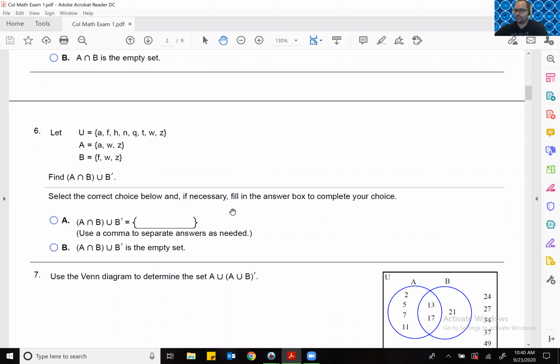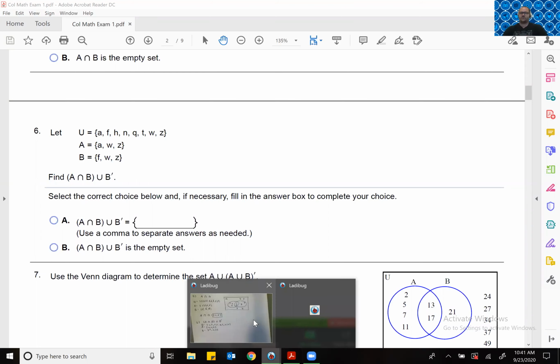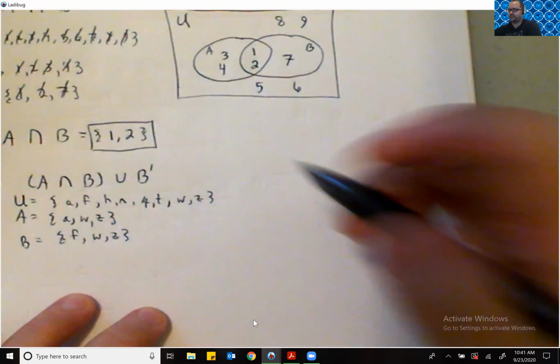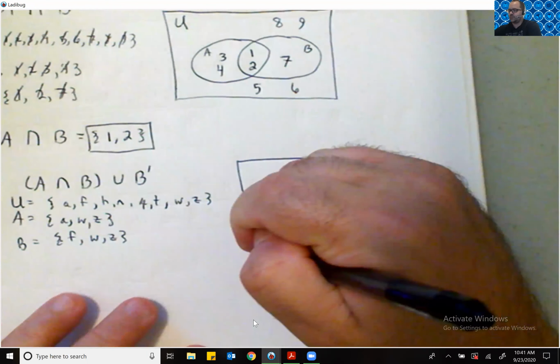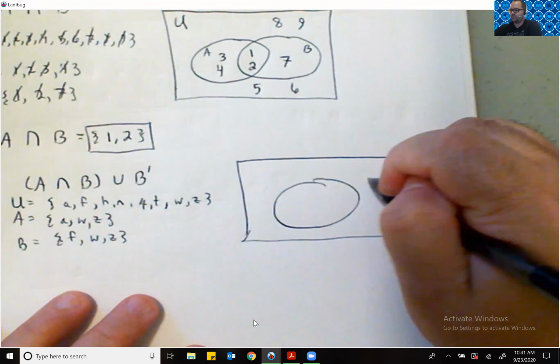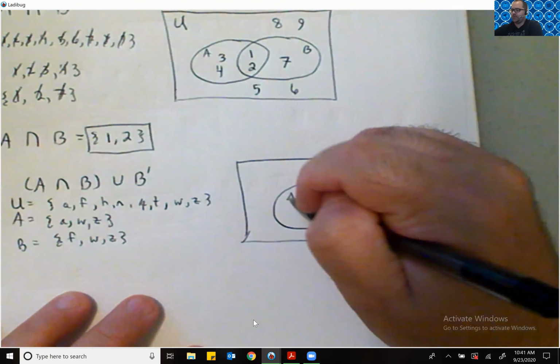So our universe is A, F, H, N, Q, T, W, Z. Our set A is A, W, Z. Our set B is F, W, Z. All right. A, B, universe.